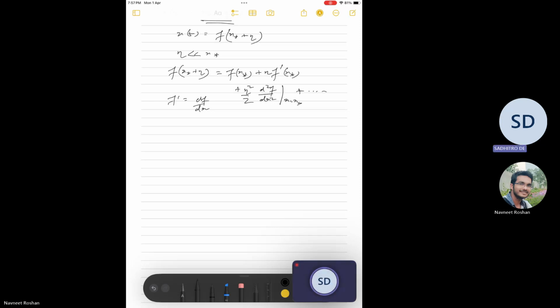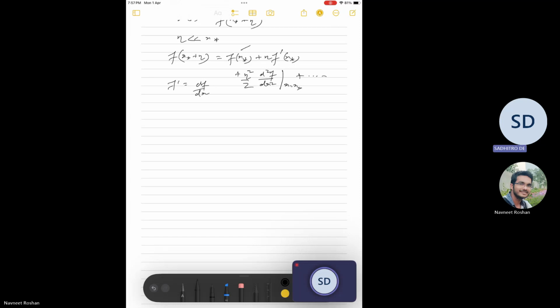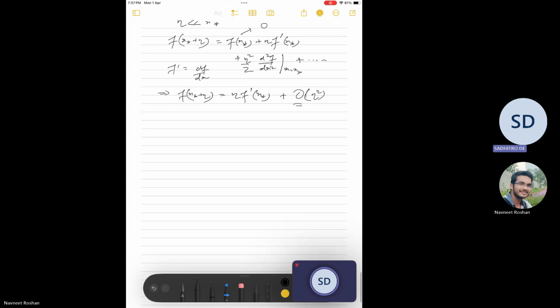All right. Now what happens? This term is 0 because x star is a fixed point. So we have f of x star plus eta equal to eta into f dashed of x star plus higher order terms, which we denote as terms of order eta square. So this notation basically represents terms of order eta square and so on.